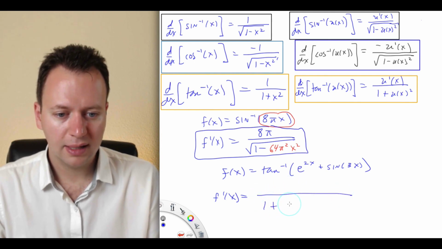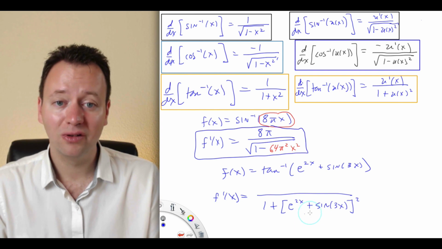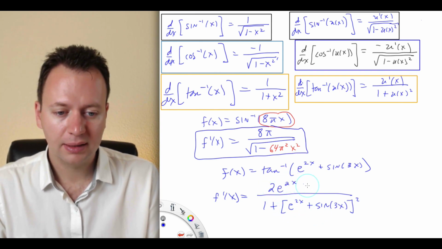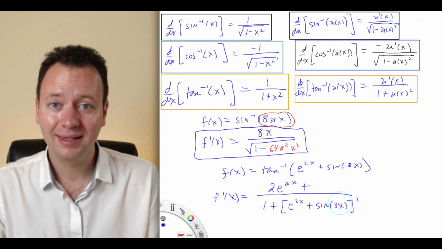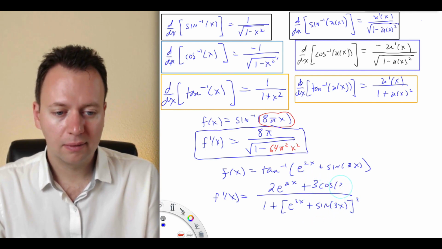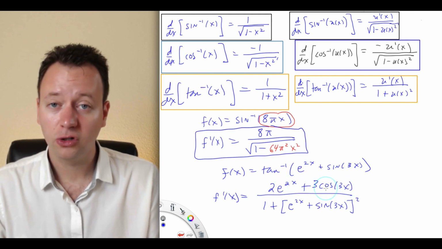So it's 1 plus e to the 2x plus sine of 3x quantity squared, then times the derivative of the inside. The derivative of e to the 2x is 2e to the 2x. The derivative of sine of 3x is 3 cosine 3x. So chain rule used on both of those functions as well.